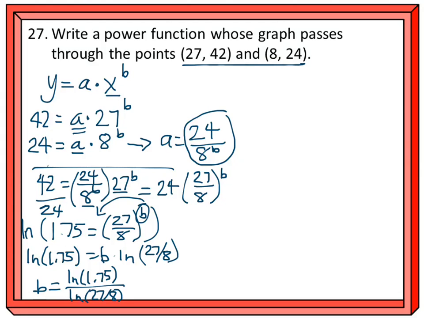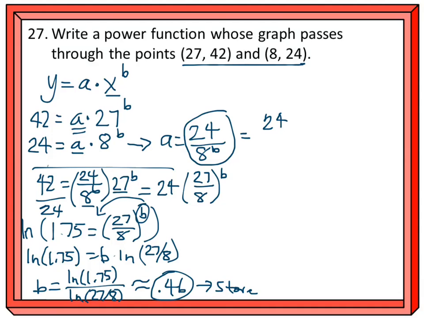And it's at this point that you would put it into the calculator to approximate this, and you get about 0.46. Okay, and I would actually store that number in the calculator so we can get a more accurate number for a. So now we're going to take that 0.46, or actually the number that's stored in the calculator, and plug it in right up here so we can compute a.